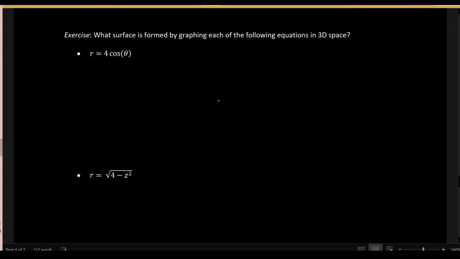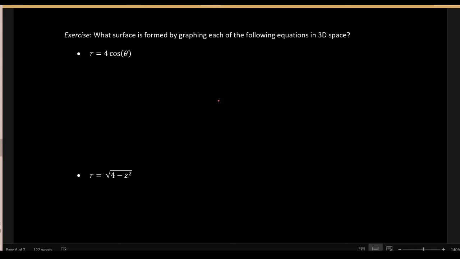So, if you're having trouble understanding a surface as described in one coordinate system, it can be useful to try and convert it to a different coordinate system. Oftentimes, it can be useful to convert the equation back into x, y, z rectangular coordinates, because we are so much more familiar with rectangular coordinates than we are with the other coordinate systems.